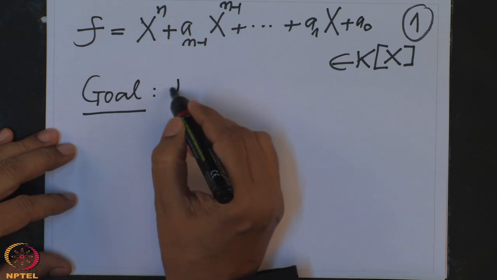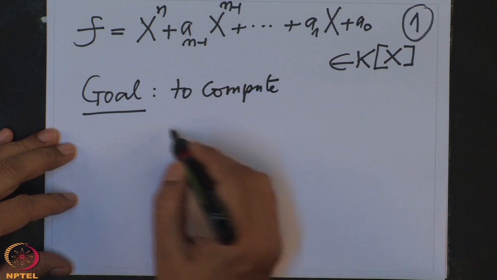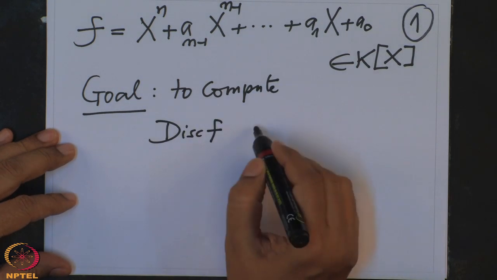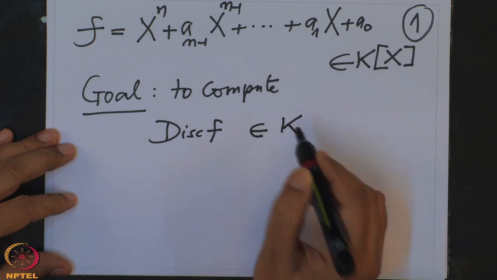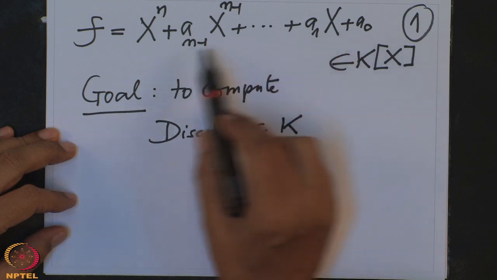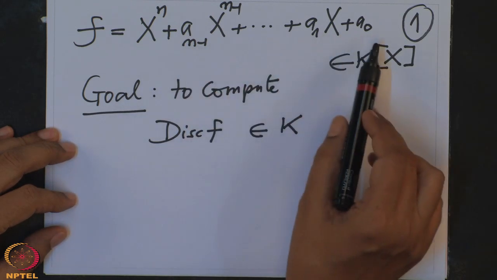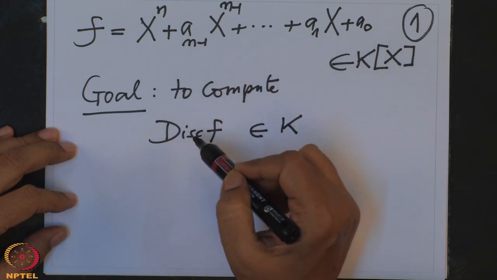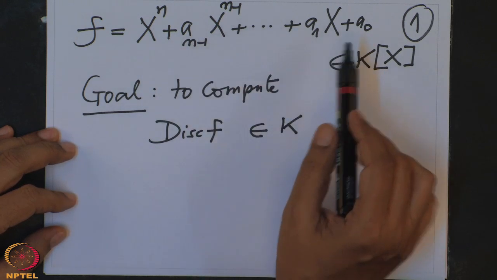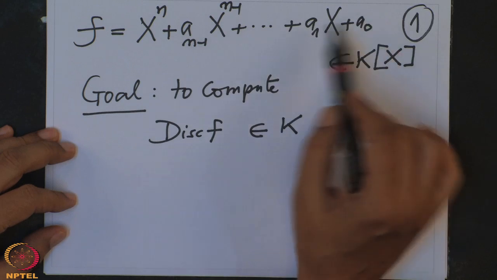Our goal is to compute the discriminant of f, and we know definitely this is in K. That is because it is symmetric in the roots. We have checked that this polynomial is a symmetric polynomial, and therefore it is a polynomial in the elementary symmetric functions, and the elementary symmetric functions of the roots are precisely these coefficients.